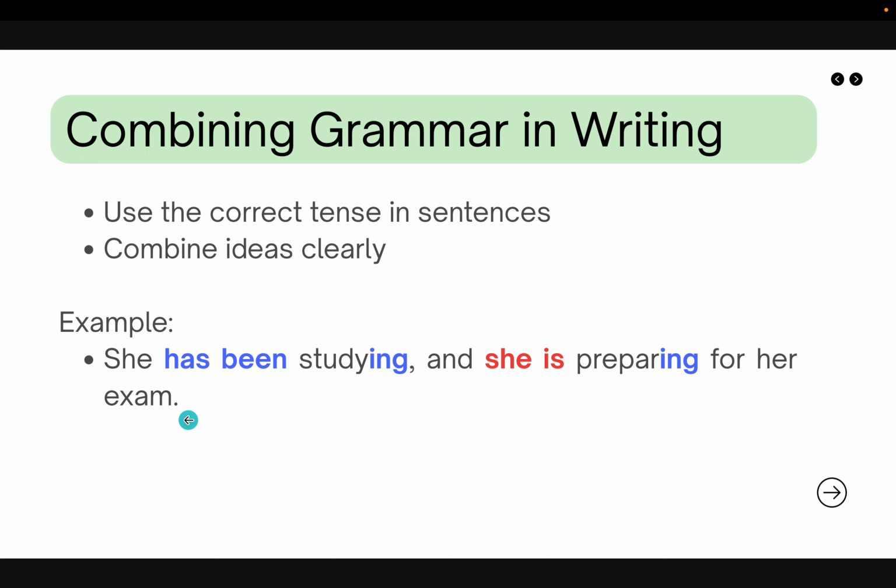She is preparing for her exam. Dia masih lagi tengah study. She has been studying from last week, and now she is preparing for her exam. So that's another way to combine different tenses or different grammar in writing.